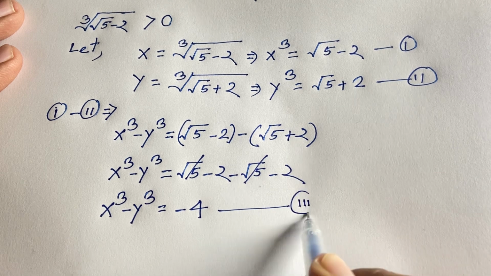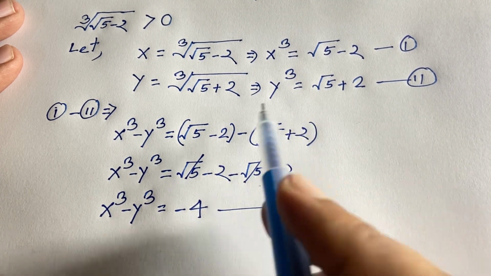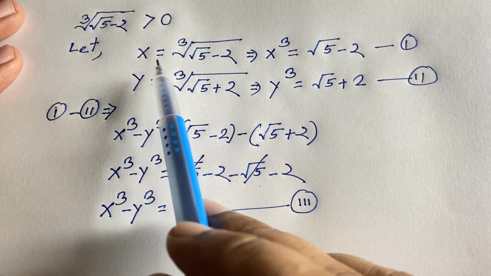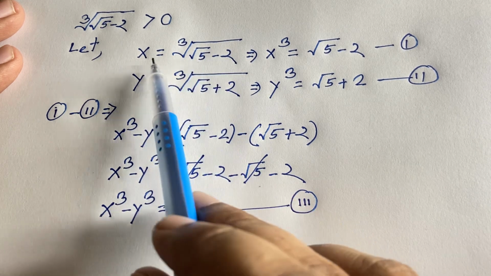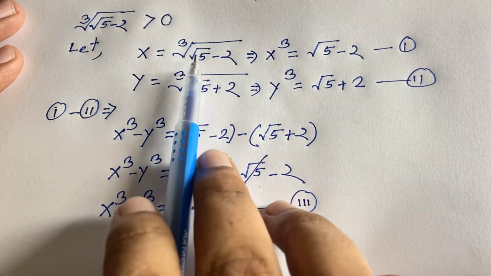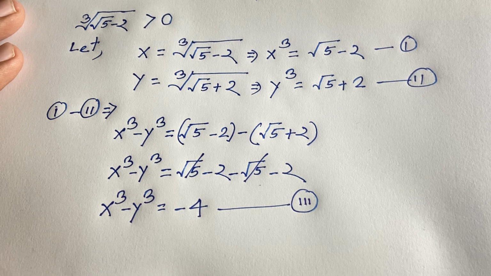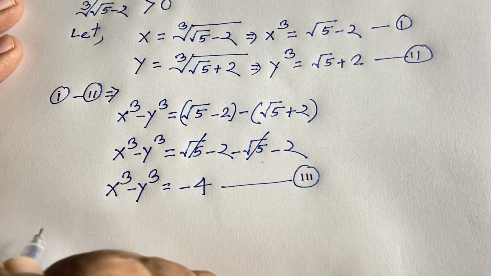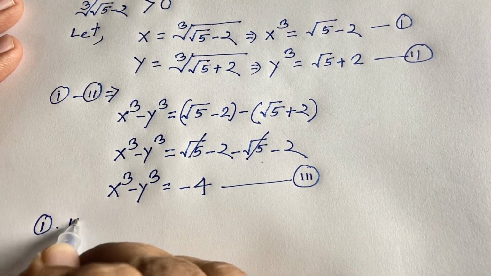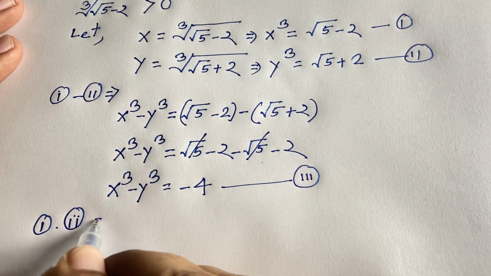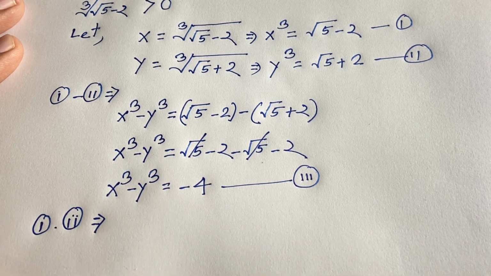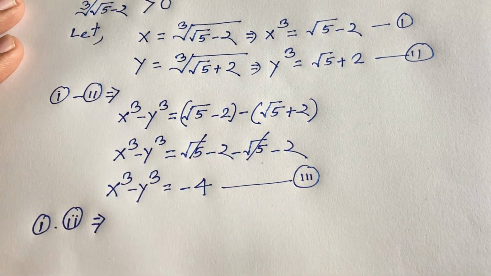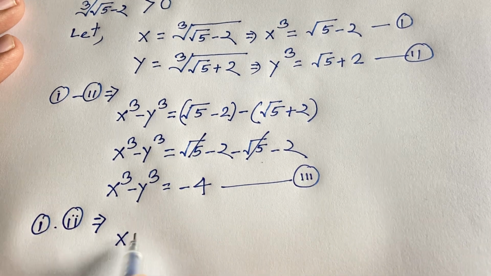This is our third equation, but we need the value of x, so we'll simplify this. At this moment we multiply the first equation and the second equation to find the product. Our first equation is x and our second equation is y, so x times y.